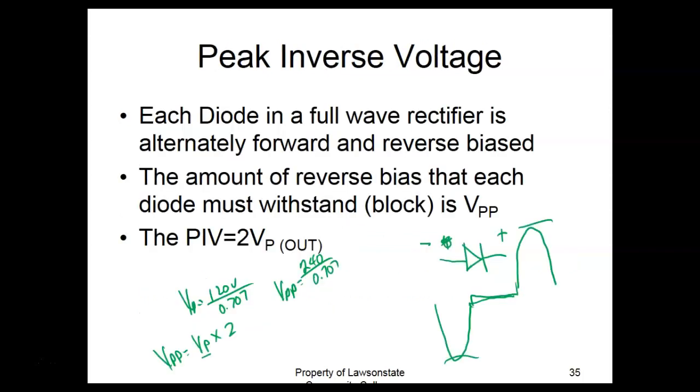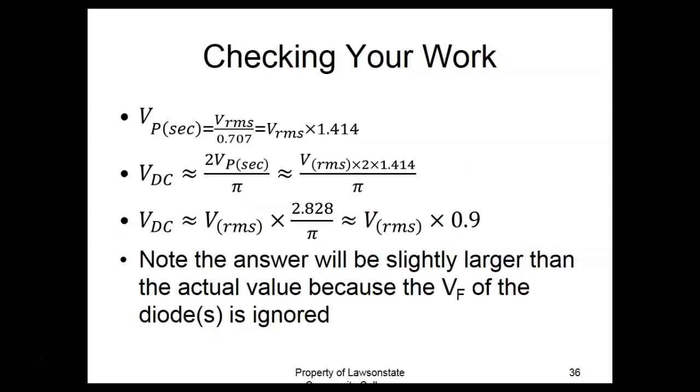So let's see, what are we doing here? These are just fractions. Note the answer will be slightly larger than the actual value because VF of the diode is ignored. So this is what the textbook, I think, teaches, is this number right here. I don't like using fractions and just throwing them out there.